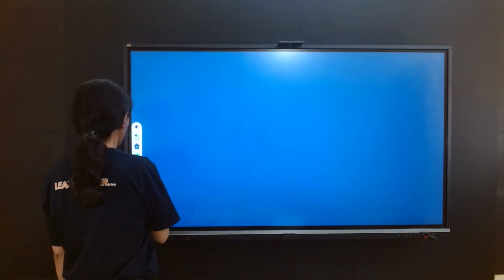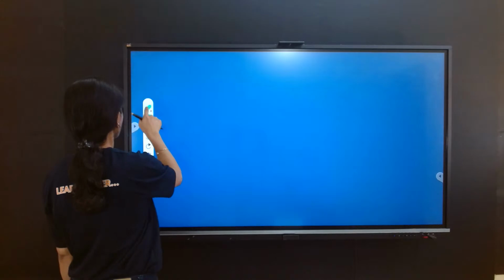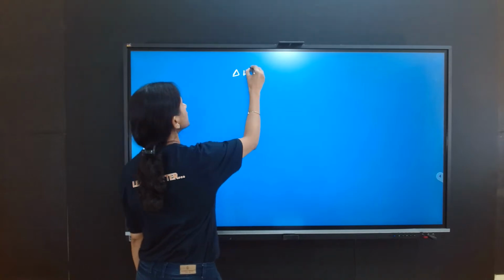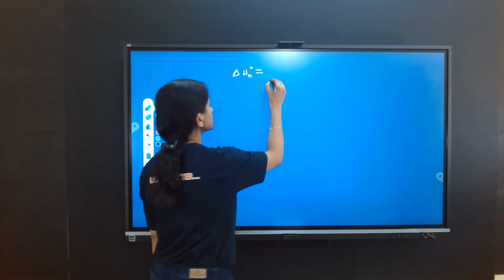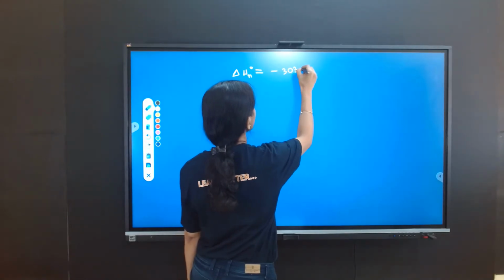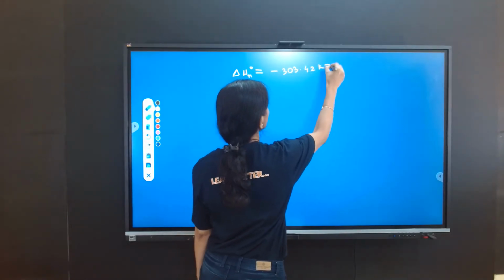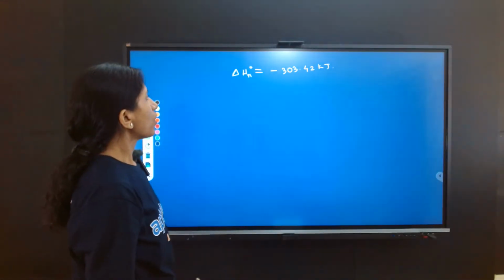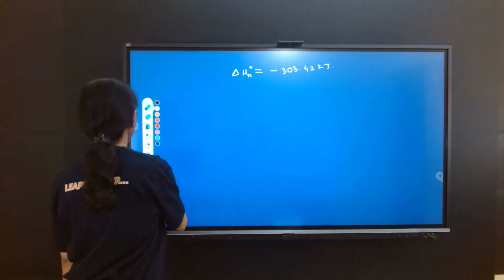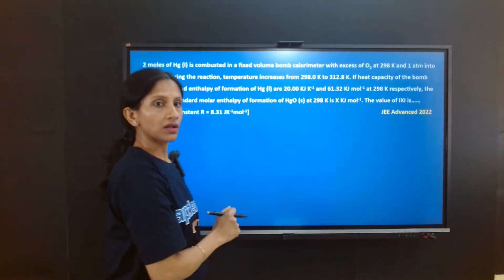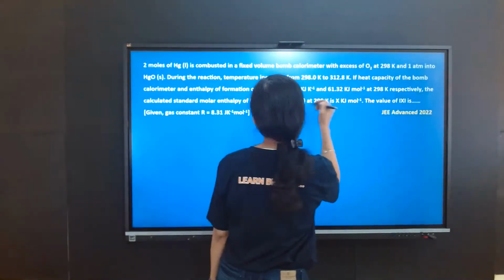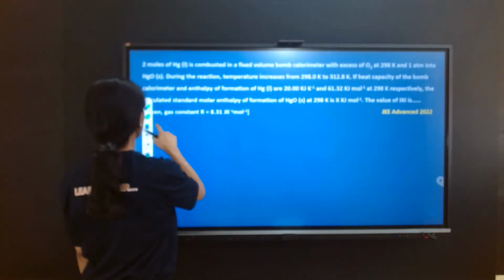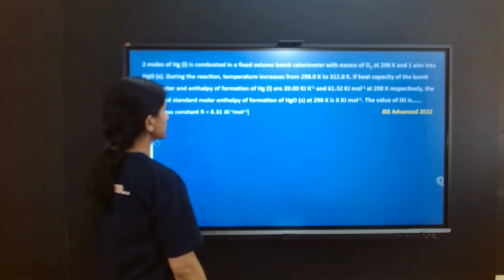So what we have calculated, I'm just writing down, delta H reaction has come out as minus 303.42 kilojoule, right? Now, the heat of the reaction can also be written. I think I have to go back again, or maybe I can do the rest of the part over here because I have to use the values which I will not find in the next slide.